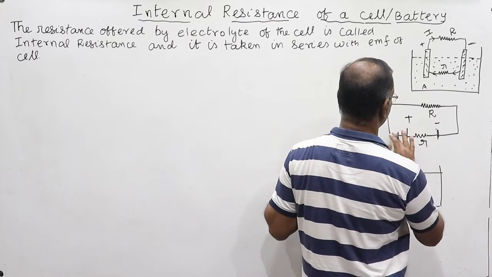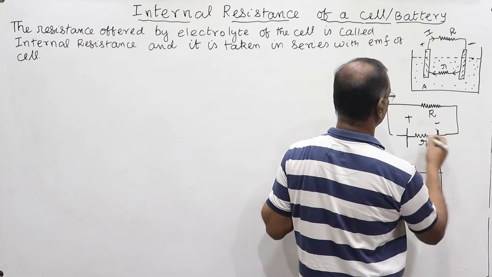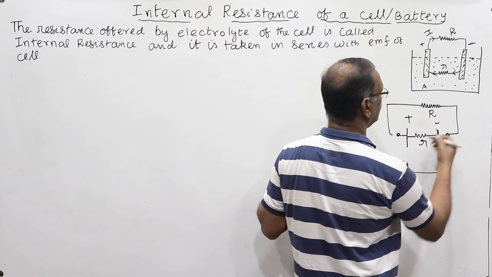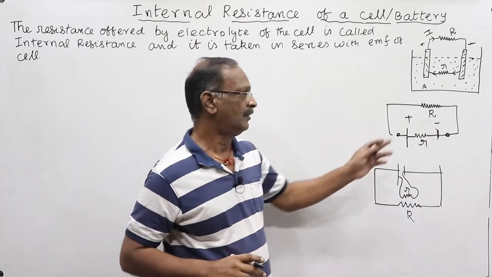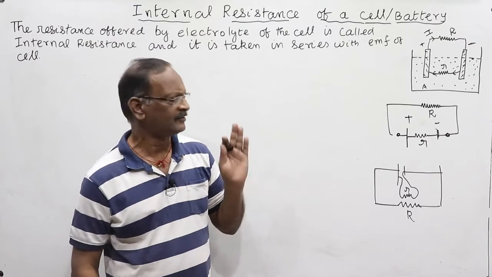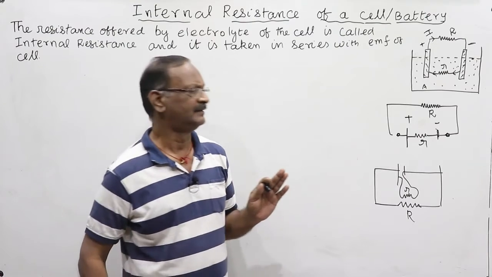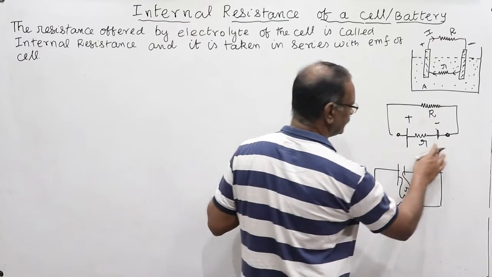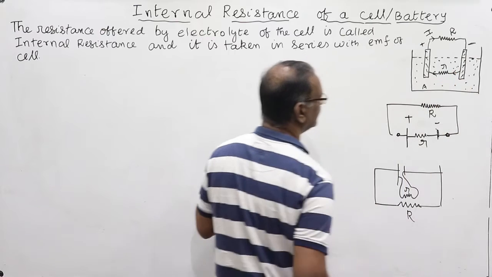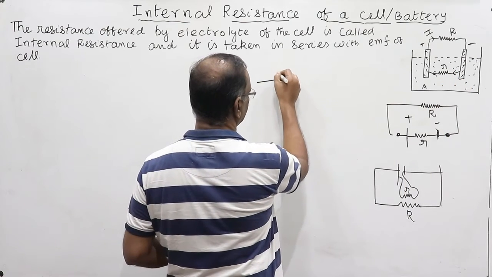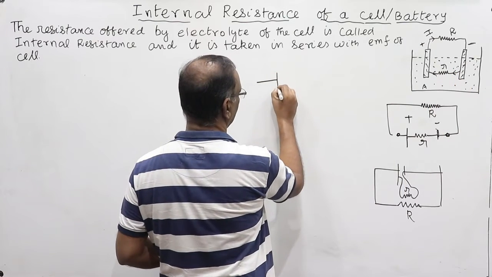This is the external resistance, you can see. Pictorially we represent it as an internal resistance between these two terminals, but in the actual circuit it is represented like this.